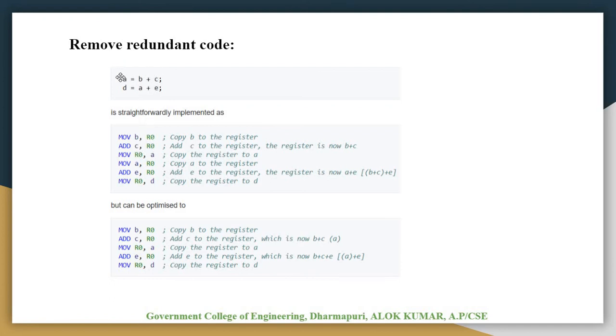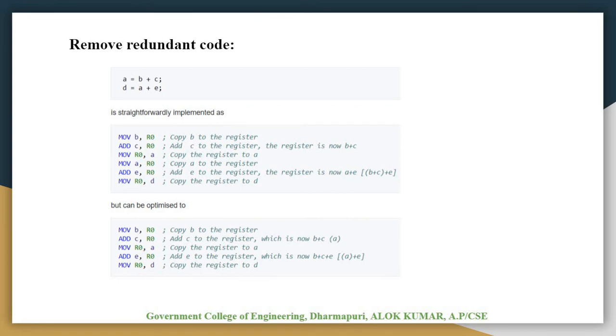Then we store this value in A with MOV R0, A. After that, in the next line, we again load the value of A into R0. This we do not need to do again; whatever result came, we can directly use it for E. So we have skipped this line. In this manner we are optimizing the code by removing the redundant code that is not needed.